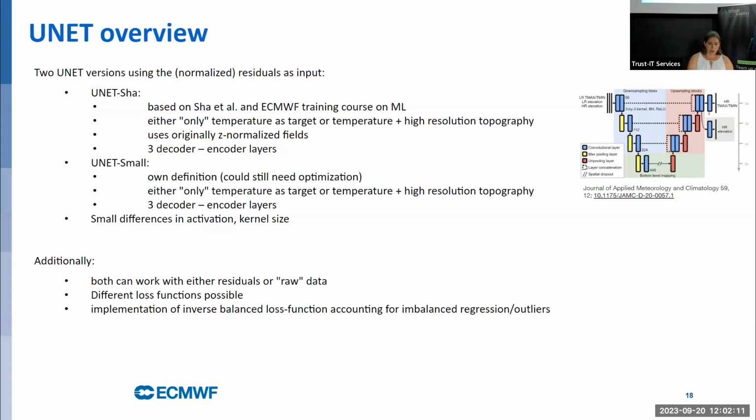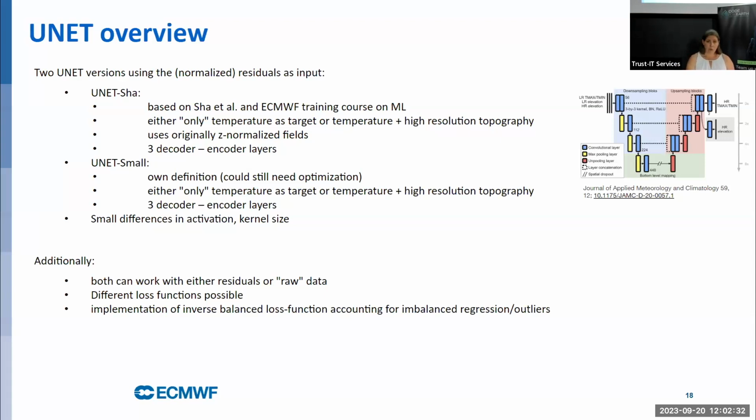And the small U-Net is our own definition, really targeted to the domain we are using here. It can also work with both temperature or temperature plus topography as output. There are differences in the activation functions and in the kernel size.